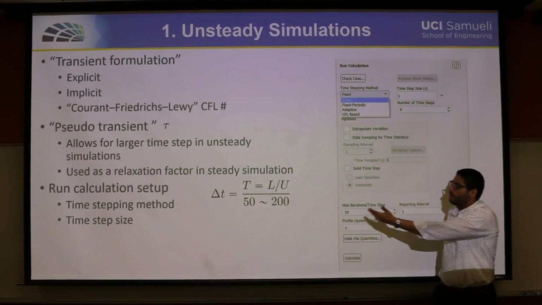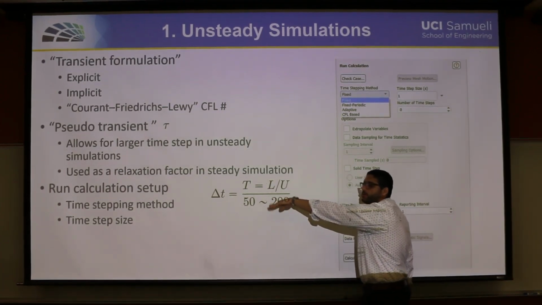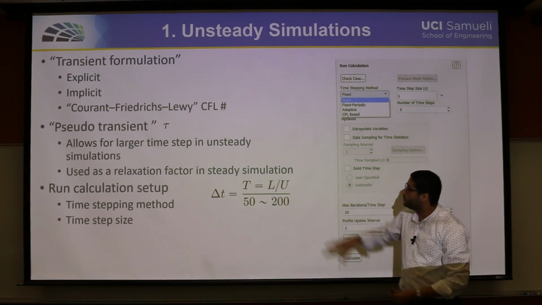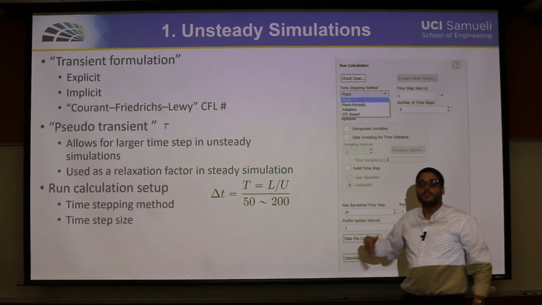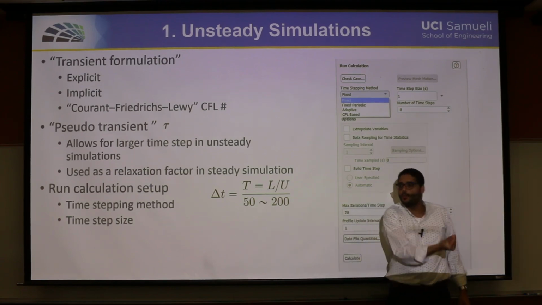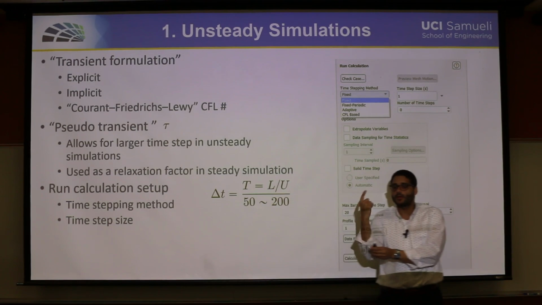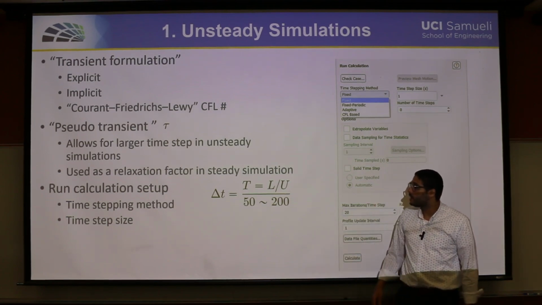So for example, the same example, if we have a characteristic length of 1 meter and U is equal to 5 meters per second, this means that one time constant or one period is equal to 0.2 seconds for that cylinder or that shape to move one characteristic length in that fluid domain.